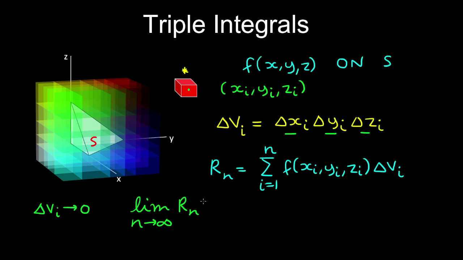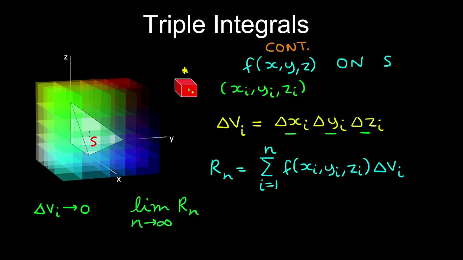If the same limiting value is approached regardless of which point we choose to evaluate the function in each cell and how we partition the region, then the function is said to be integrable over S.